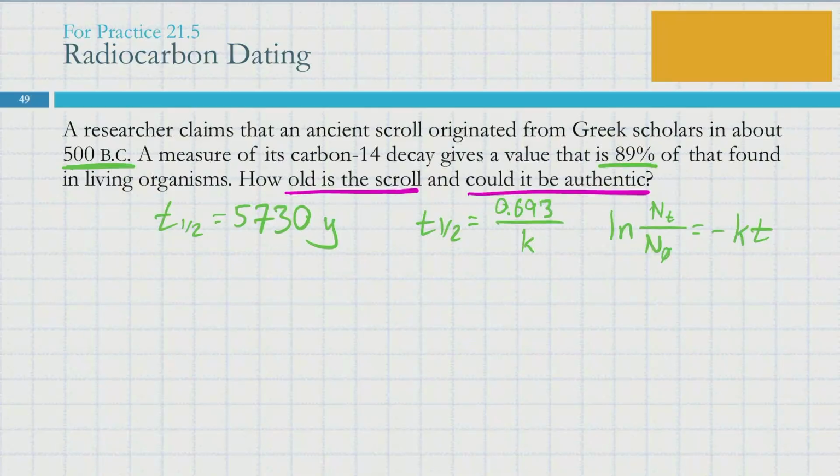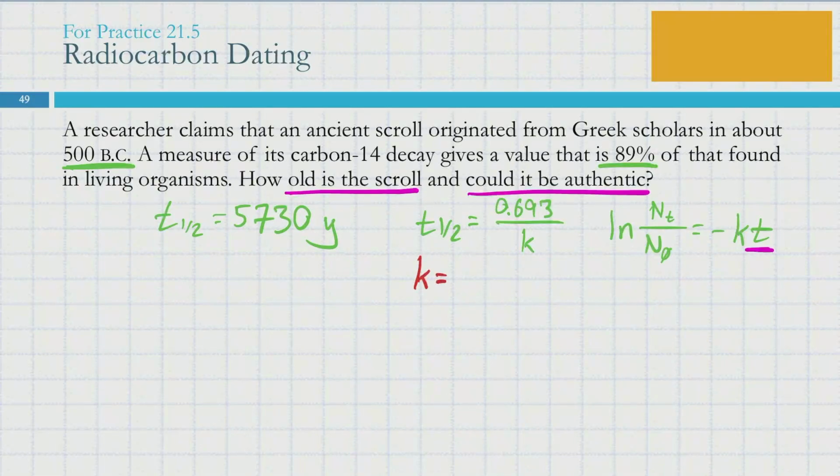So the first question that we're answering is how old is the scroll? So we are finding T in our first order integrated rate law equation. That means that we need to know what the number of nuclides is, and we need to know what K is. Let's start with finding K since we've already practiced doing that.